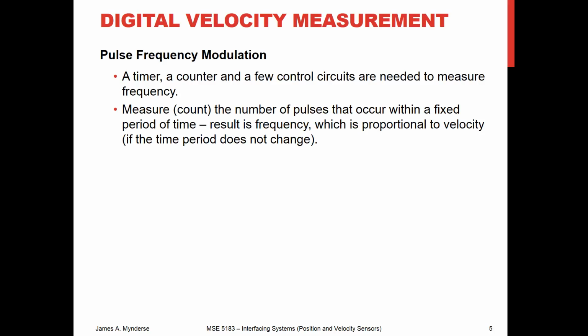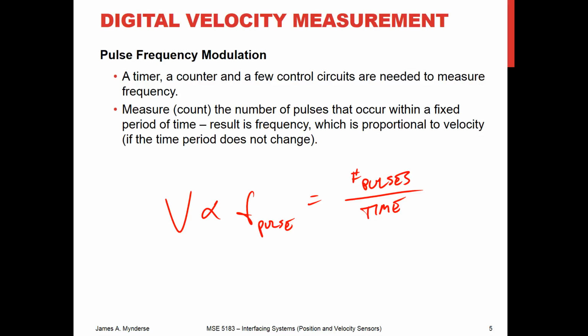And so we want some velocity that's proportional to the frequency of the pulses, and we can do that by simply counting the number of the pulses in some fixed time. And we still have to choose what that time is going to be.